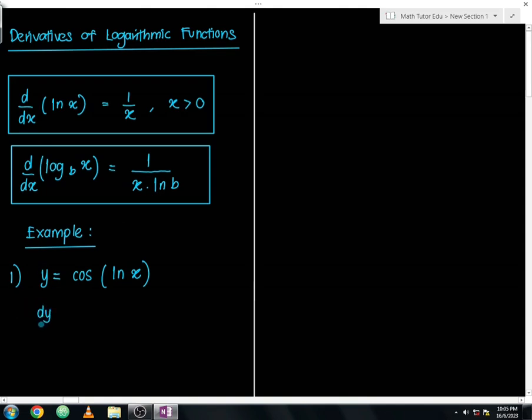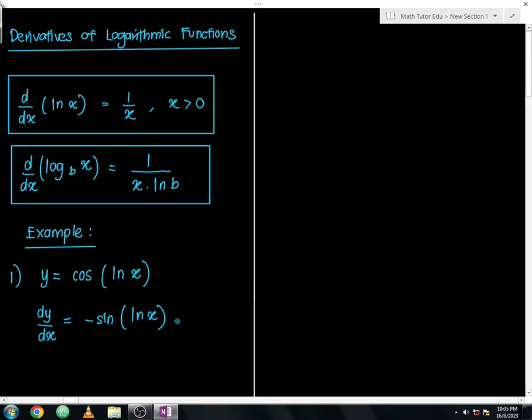So dy over dx will be equal to, let us differentiate the cos first. Remember that when you differentiate cos, you'll be getting a negative sine. So when you differentiate the cos, you get negative sine of ln x. You're done with the cos. Let us proceed with the inside value, times, remember, we explained that when you differentiate natural logarithm x, you should be getting 1 over x.